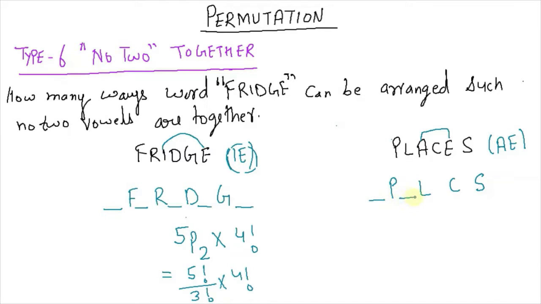We have 1, 2, 3, 4, and 5, which means 5 positions in which we can place these two vowels. These 4 letters can be arranged in 4 factorial ways. Once you solve this, you can get the answer. 5P2 means 5 factorial divided by 3 factorial, into 4 factorial.